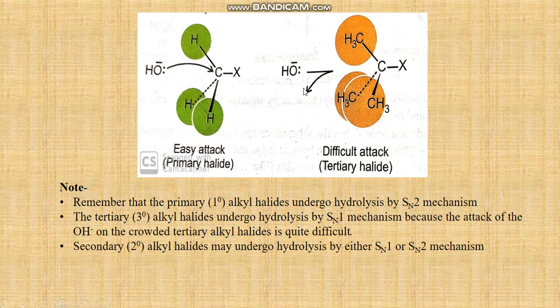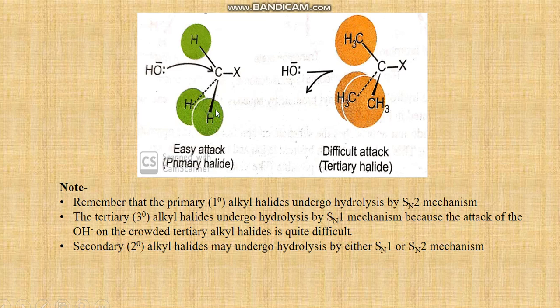As we can see in this figure, for a tertiary alkyl halide, if the hydroxide ion approaches from the rear side, it will not reach the central carbon atom because of steric hindrance, due to the presence of bulky alkyl groups.